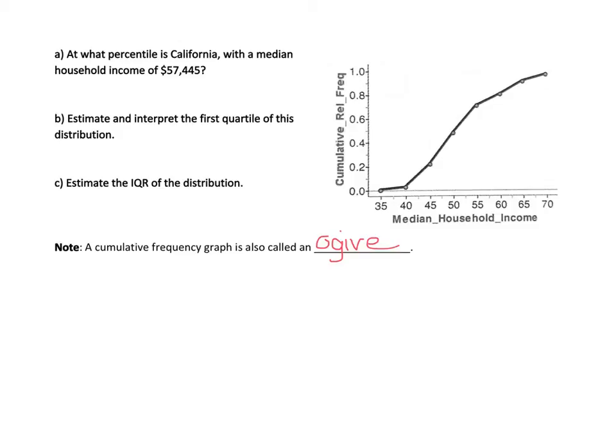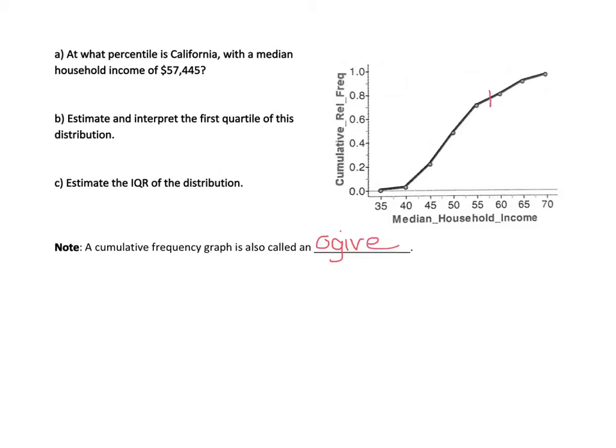So the first question asks you, at what percentile is California with a median household income of $57,445? If you look at this graph, 57,445 is pretty much right in the middle of 55 and 60,000.